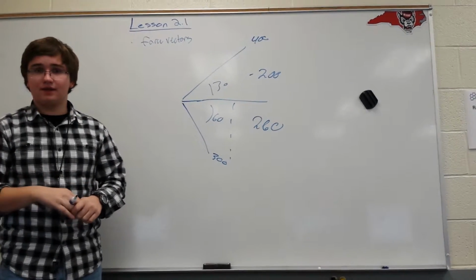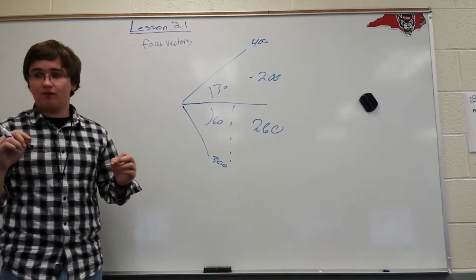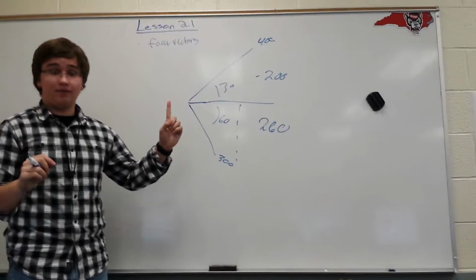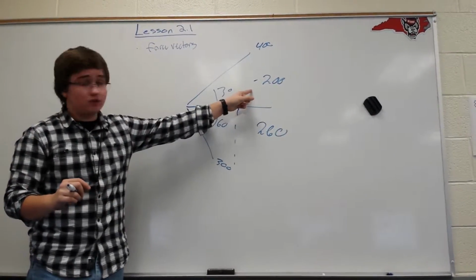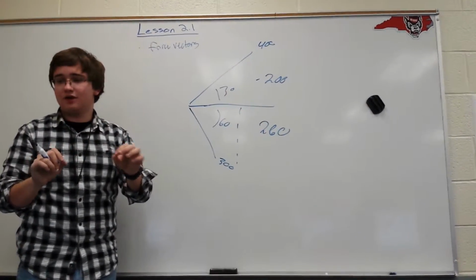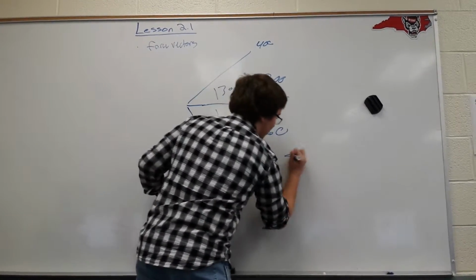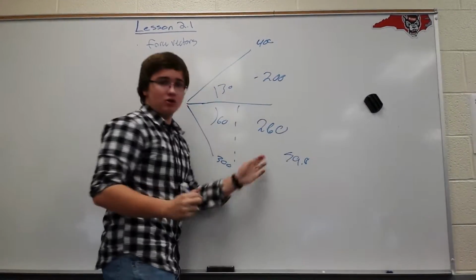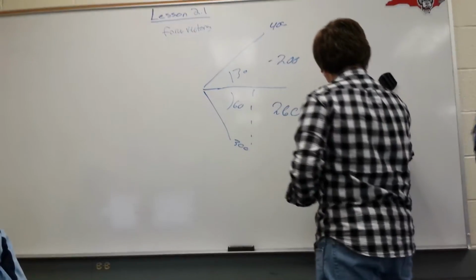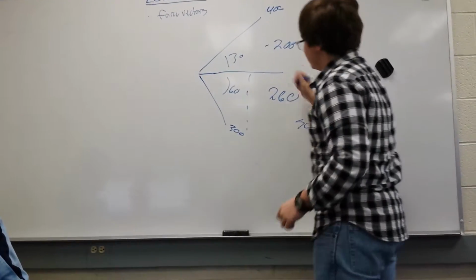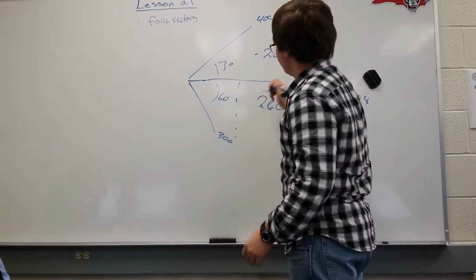To get the upwards, it's 260, 200. We cut out some stuff, but it ends up with 59.8. This is how much it's moving down.